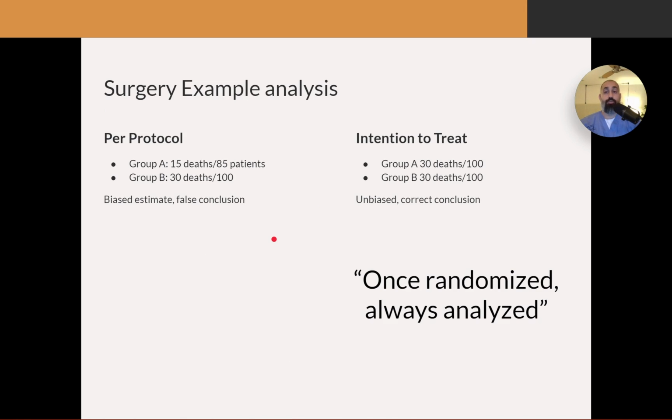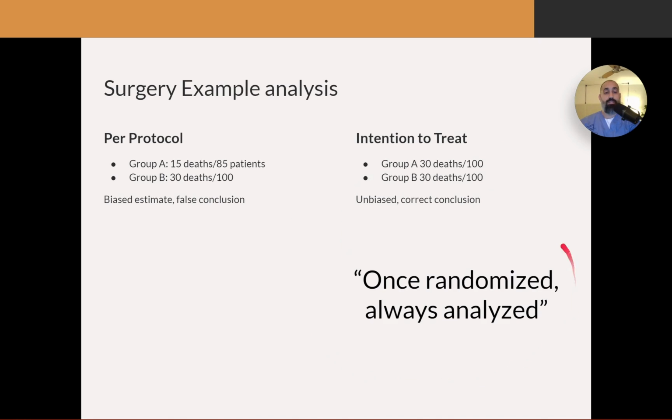If you go per protocol, which is a system of ignoring the people who died before you ran the trial, you will end up with a biased estimate because you're only going to see 15 deaths, not 30. So you'll say 15 out of 85 because you're going to subtract out the 15 that died before the surgery. And in group B, you're going to see 30 out of 100, and you'll come to the false conclusion that the surgery is effective because it has a lower death rate. Whereas an intention to treat protocol would give you the correct answer.